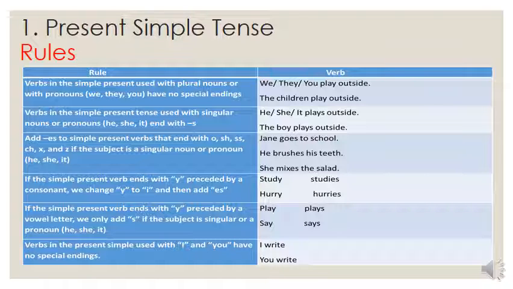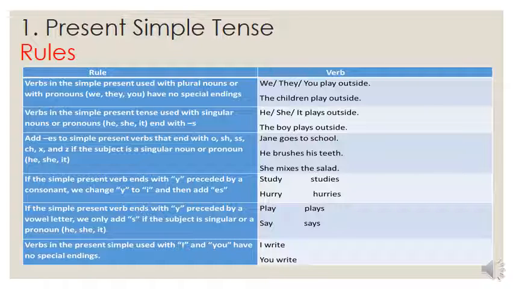The present simple tense is used with plural nouns or with pronouns that have no special endings. So when we use the present simple with plural nouns or pronouns, we do not add anything to the verb. We do not add even s. When we use the simple present with singular nouns or pronouns, we have to add s.